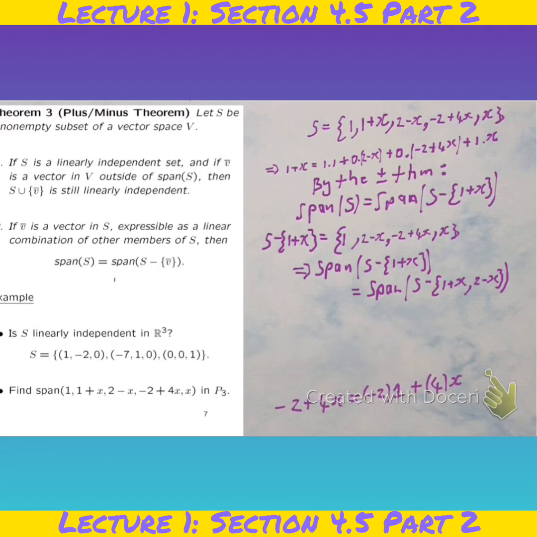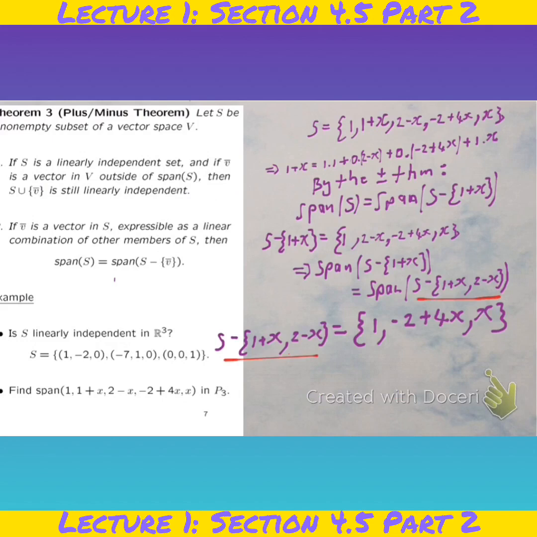Don't forget that this set here is the set 1, minus 2 plus 4x, and x. In this linear combination, the first term is minus 2 times the first vector, which is 1.